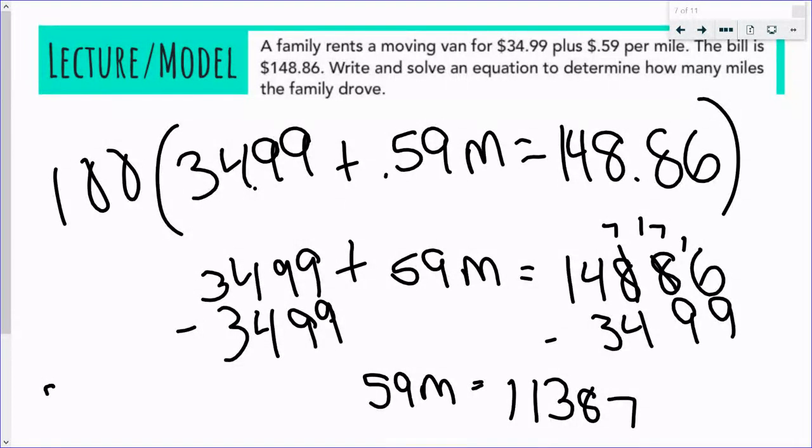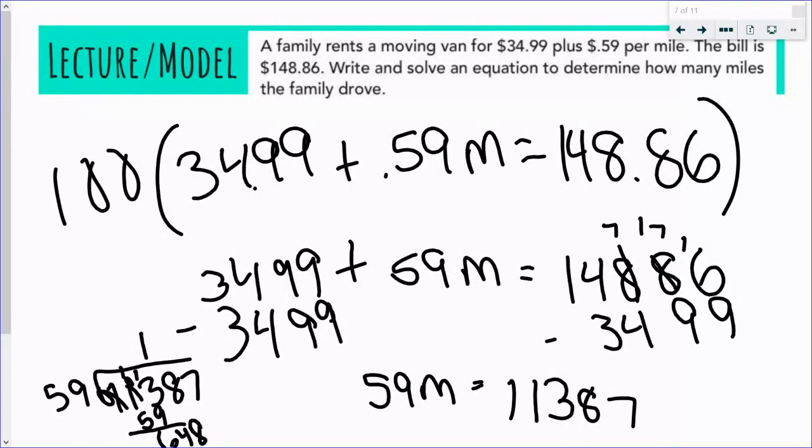Now I'm going to finish this off by dividing that by 59. I'm just going to plug it in the calculator in the interest of time. And that's going to equal 193. So the family would have driven 193 miles.